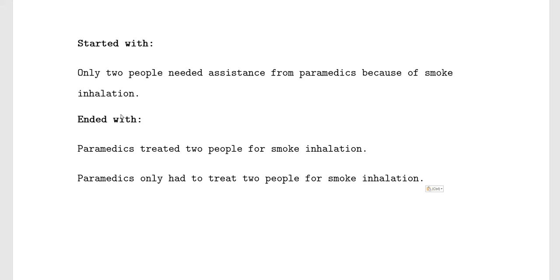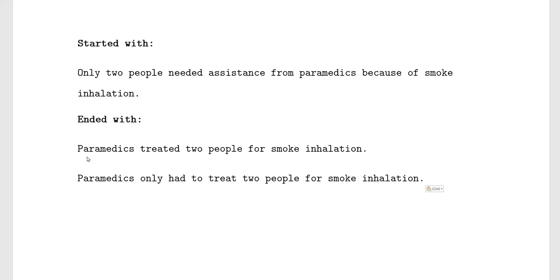So what have we done? We started with only 2 people needed assistance from paramedics because of smoke inhalation. We worked out that we wanted someone was assisting. And then we worked out that the best characters were the paramedics, and they were assisting or treating.